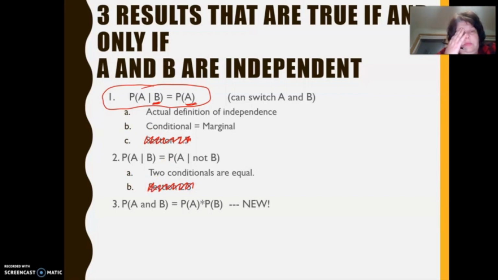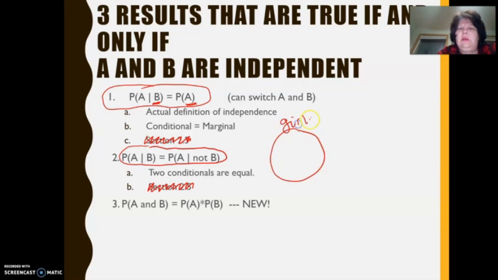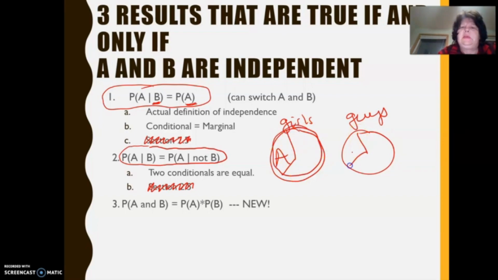And the second result is that P of A given B equals P of A given not B. So if you had maybe like girls and guys, P of A given girls is the same as P of A given guys. So B and not B would be girls and guys.